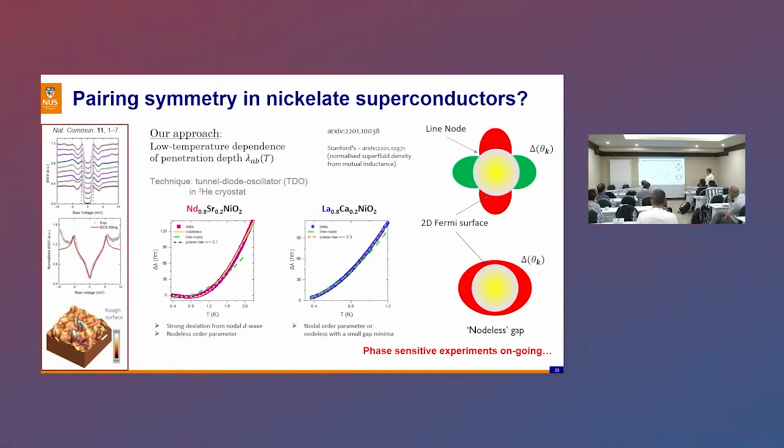So we cannot really claim that it's a pure D wave. In the case of lanthanum-based, for example, there could be a mixture between S wave and D wave, while in the case of the Nd-based system it's difficult to say. So in conclusion, what we can say is that there could be a multi-gap in the nickelate system rather than a pure D wave.